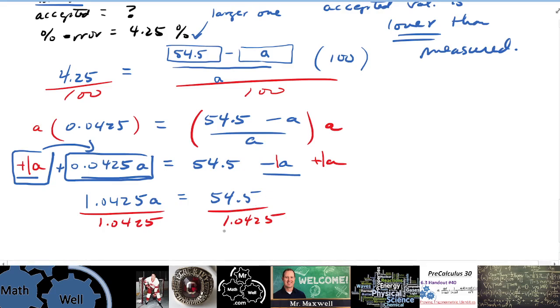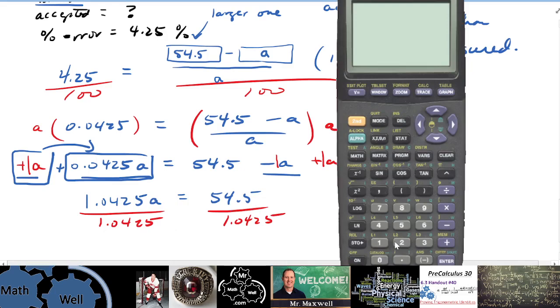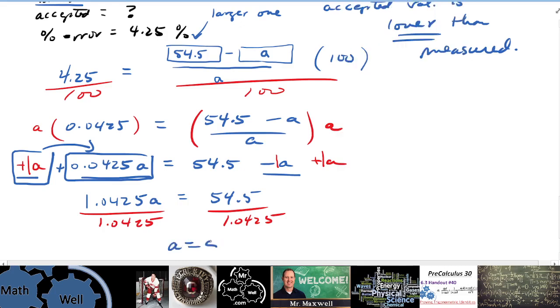All right, so now let's finish this calculation. I'm going to do 54.5 divided by 1.0425. That's 52.278.